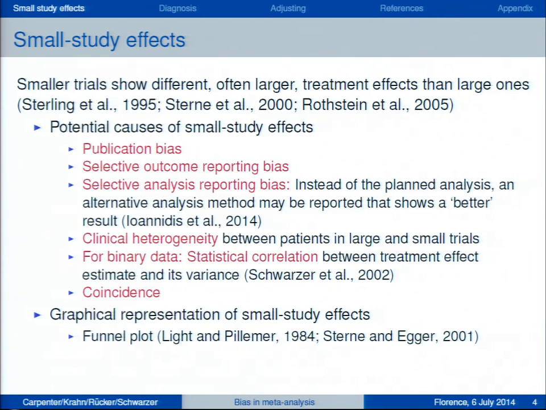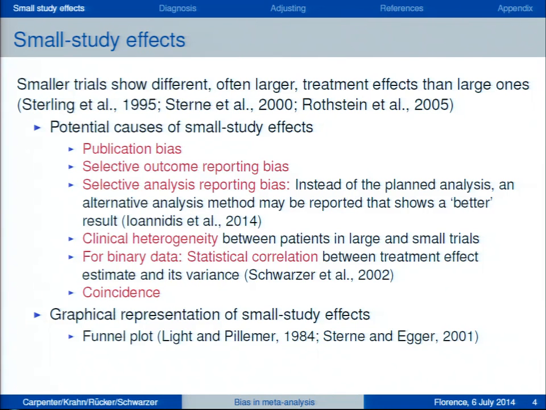Because if a study is very large, it's very probable that it will be published independently of the result, because there are so many people involved, and they must publish the study independent of the result. But if the study is very small, the investigator may lose interest in the study and might not publish it.